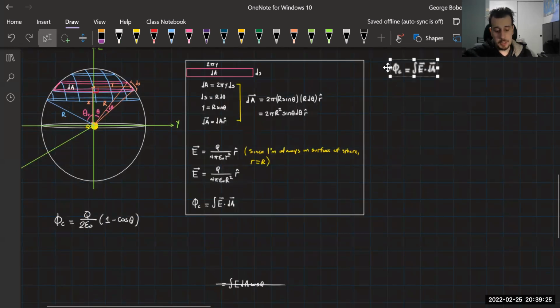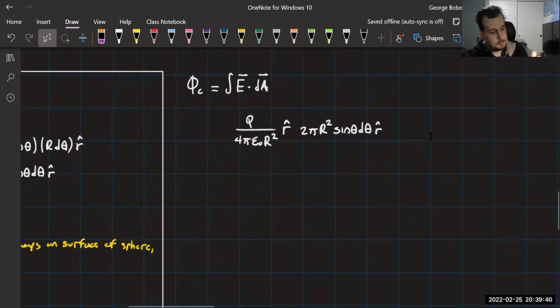I start from my flux integral, and I know what the electric field is. I'm going to bring them in, every single one of these. You got the dA vector, okay? We've been working hard to get this guy. What do you notice about the directions? One second. Kelly, maybe?